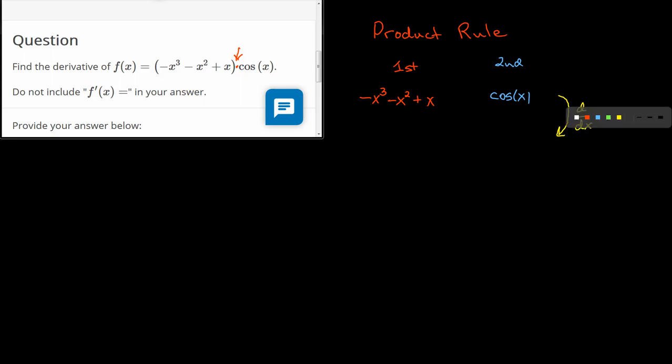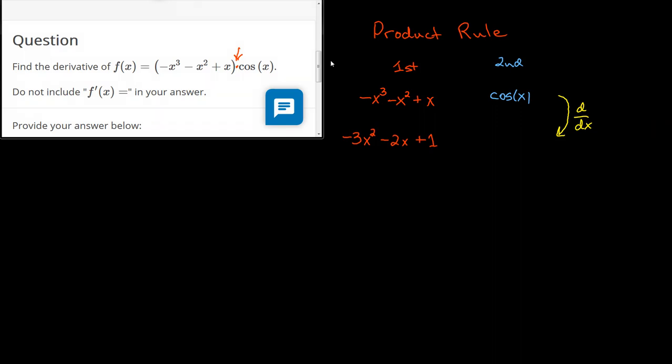Alright, so let's see here. The derivative of the first function should be no big deal using the power rule. We're going to get a negative 3 times x squared, and then a minus 2 times x, and then a plus 1, because the derivative of x is just 1. And then the derivative of cosine.